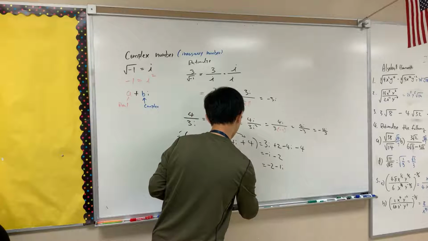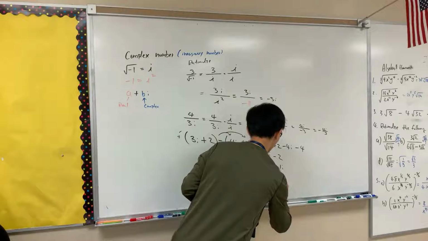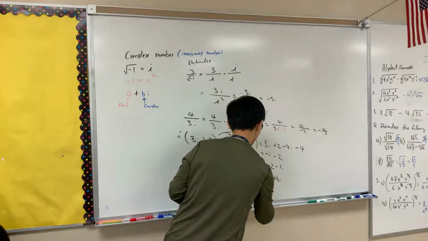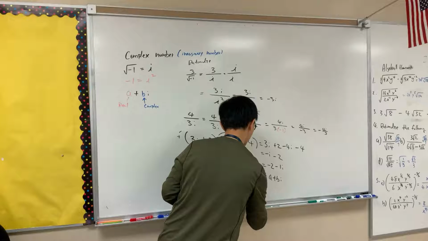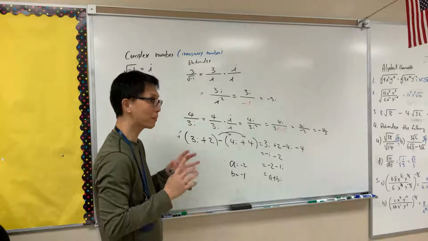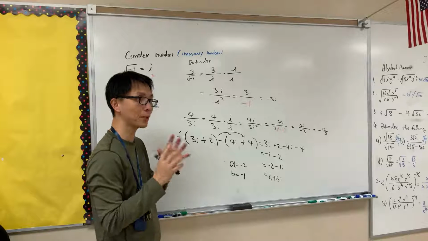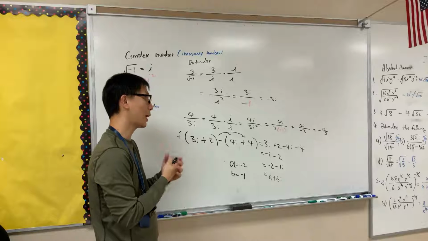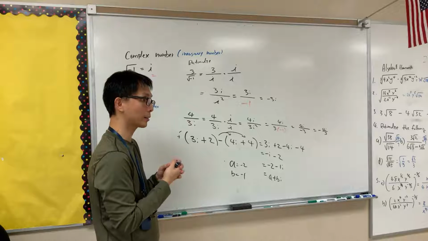Yes, so if this one is in a plus bi form, a must be -2. b must be -1. So that's a plus bi form. It's very important that you set that to a plus bi form, because if you don't, the answer is not going to be correct.